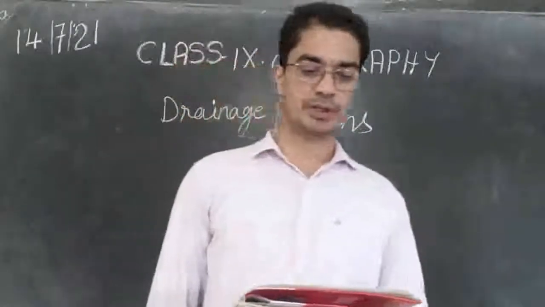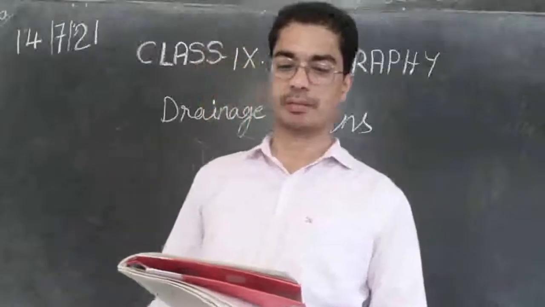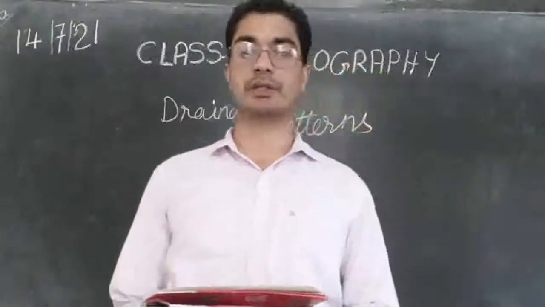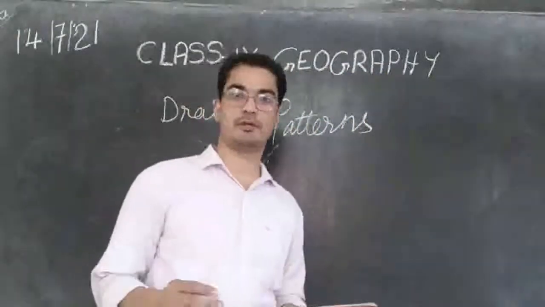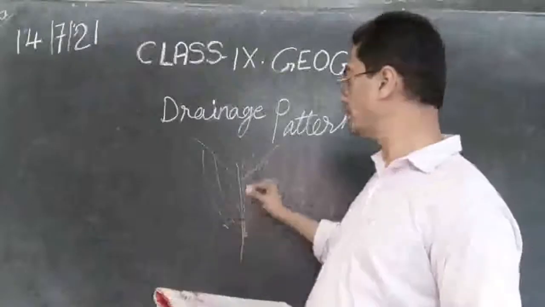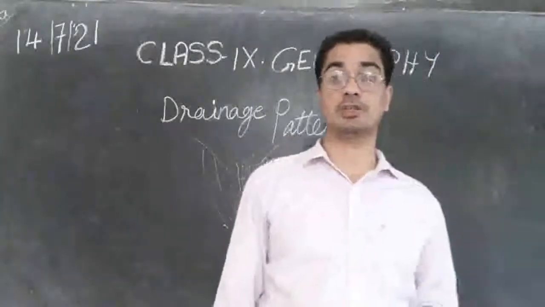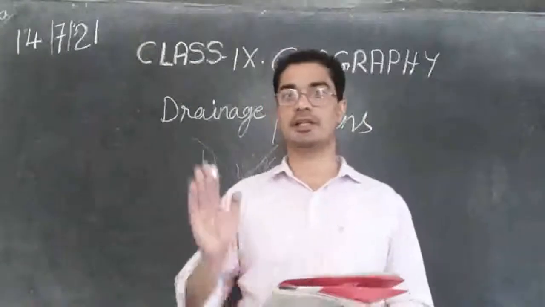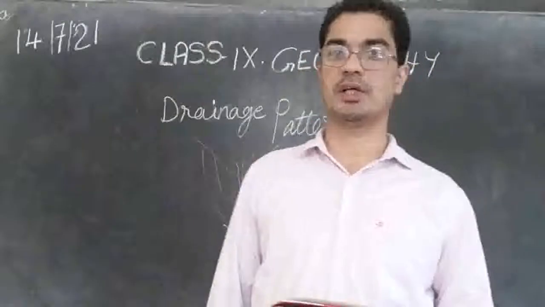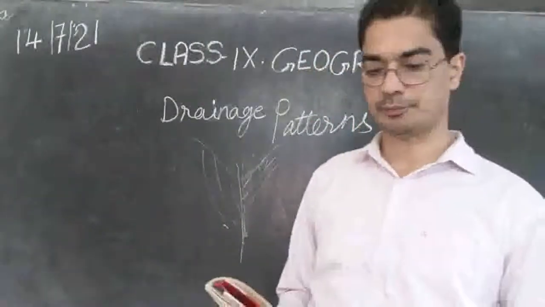The stream with its tributaries resembles the branches of a tree, thus the name dendritic. So the main stream, the main river is there, and so many tributaries come and join this river, and at the end it will look like a tree. That's why this type of pattern is called dendritic pattern.